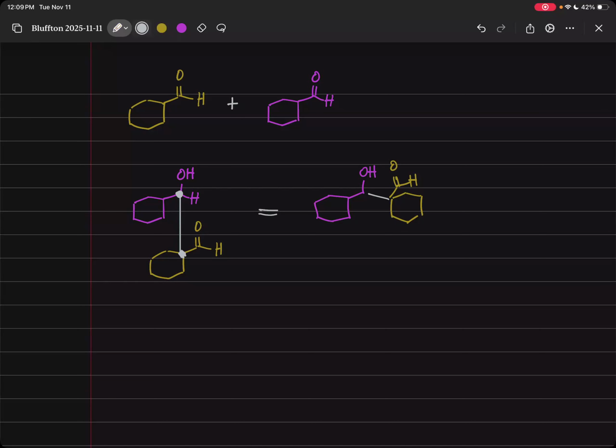It's more simple. So we've used two equivalents of the same molecule. If we had two different molecules, I think you now can see where all of those bazillion different products can come from. I'm not going to ask you to draw all of them. That would be evil. But do know that if you've got an aldehyde or two or three and maybe a ketone in your flask and you get some sodium hydroxide in there and it turns brown and slimy, this is what has occurred. A bazillion of these different products.